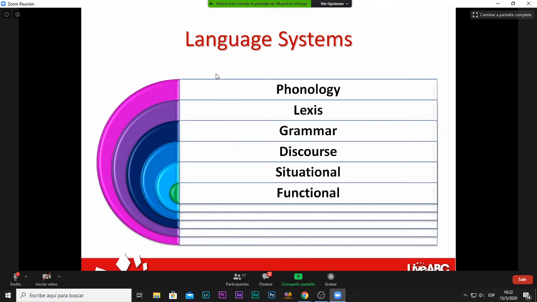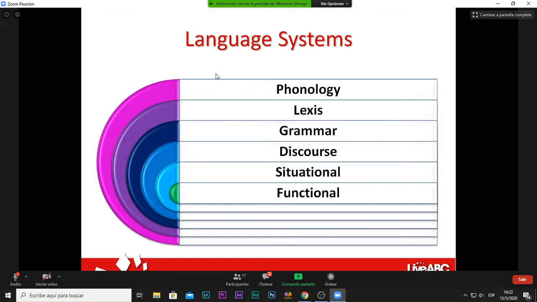And we have 2 more categories according to some articles that I found. We can also speak about situational system and functional system. When we speak about situation, we are talking mainly about where we are, who we're talking to, and about what.